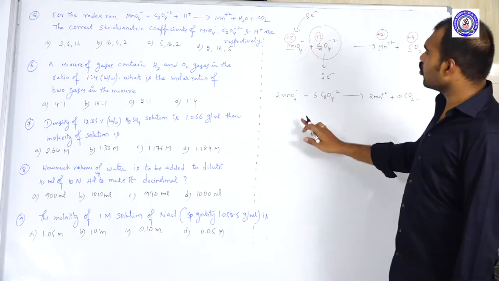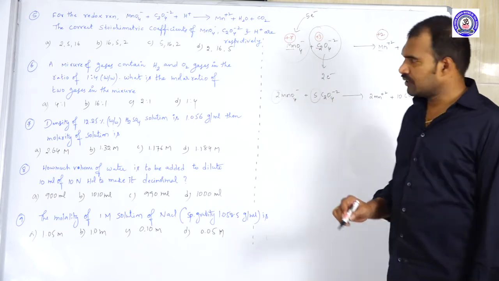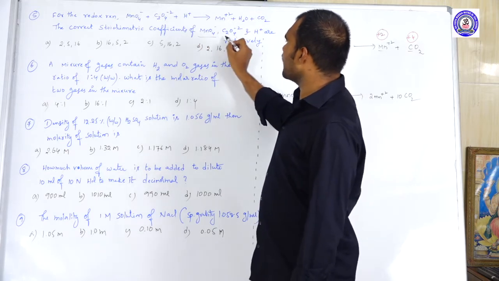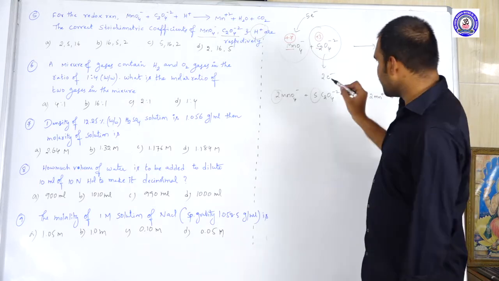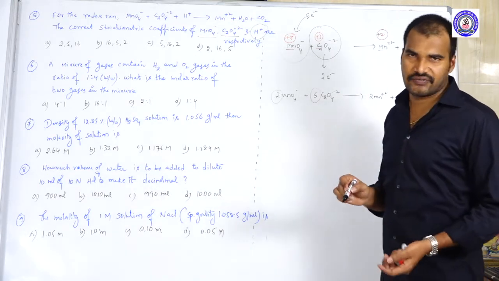Okay, he is not only asking the coefficients of permanganate and oxalate. In the question he is asking stoichiometric coefficients of permanganate, oxalate and H plus ions also. That is why we need to balance the hydrogen and oxygen as well.